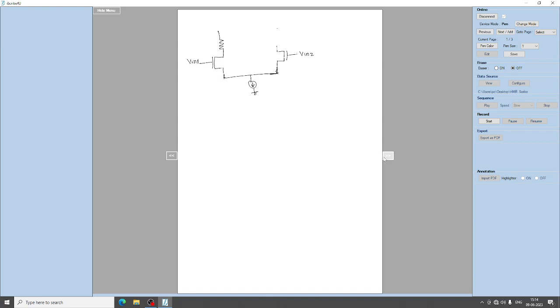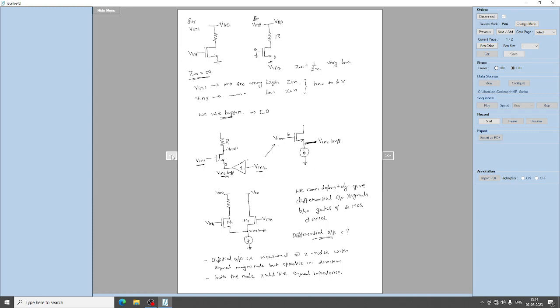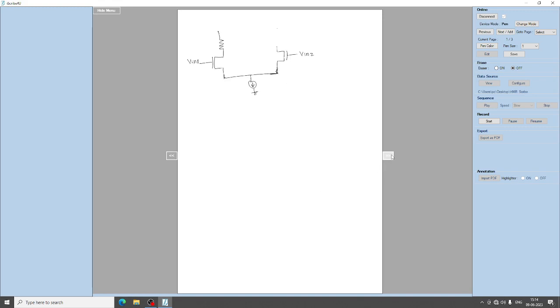And as per the definition we mentioned earlier, it should have equal impedance. So what we do here, for this we will add an impedance R over here, so that it has equal impedance. This is also R and this is also R, and this is VDD which is connected, right.